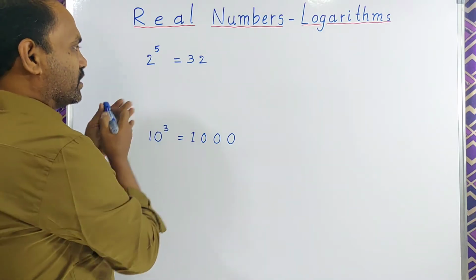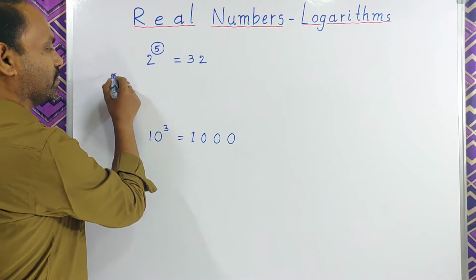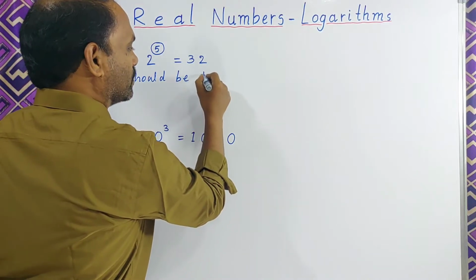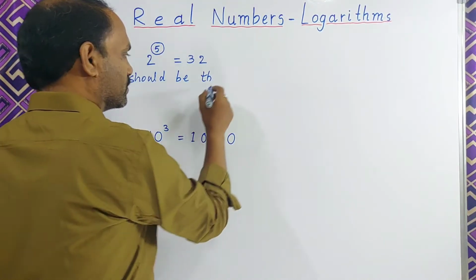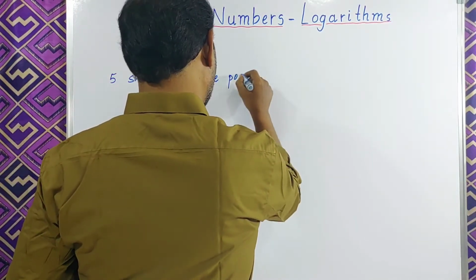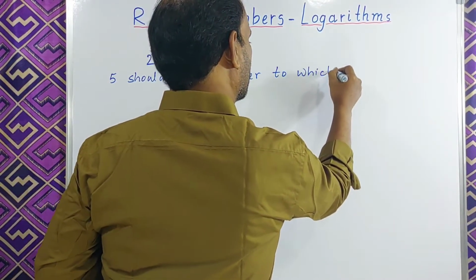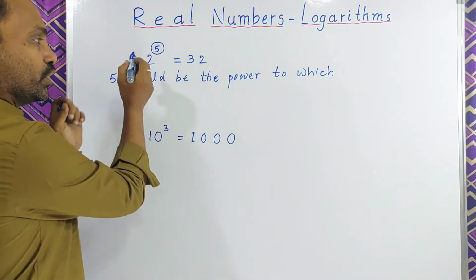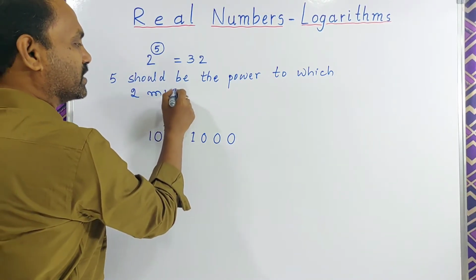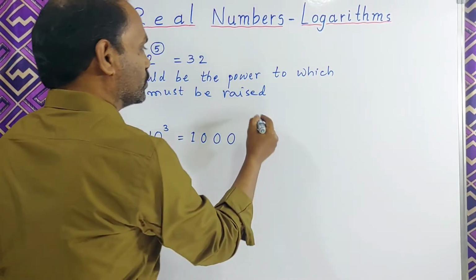Here remember one thing. 5 should be the power to which 2 must be raised to get 32.